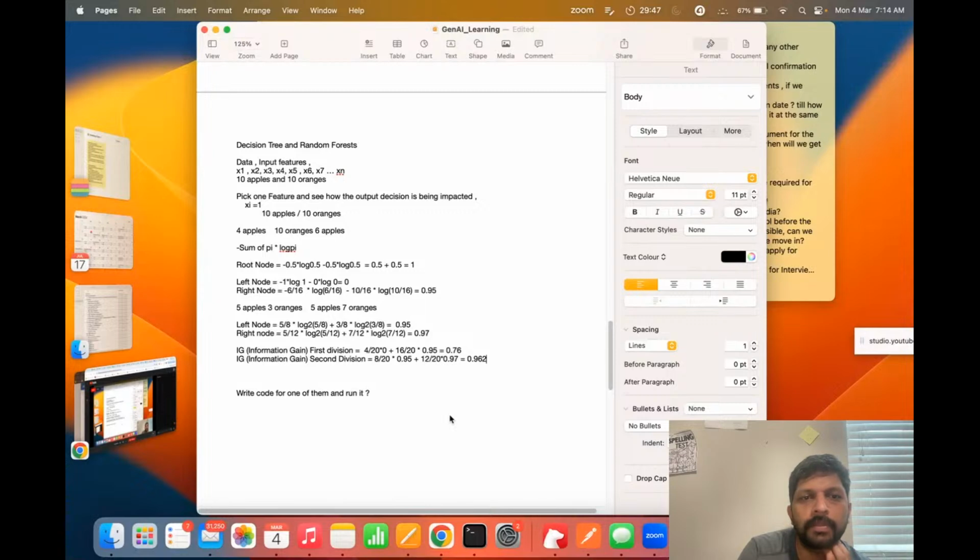Okay, I think we took a sample. We tried to calculate information gain. Small correction on the information gain formula. The information gain formula is not this.